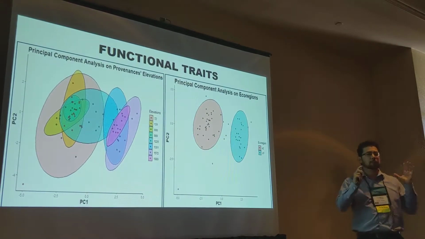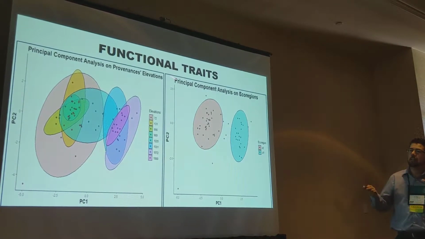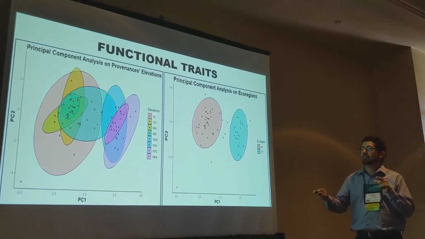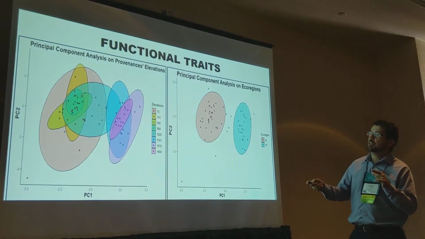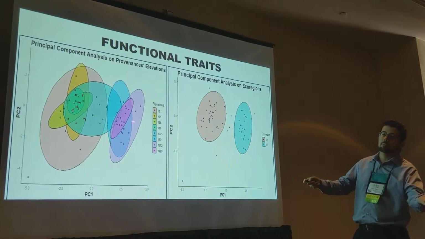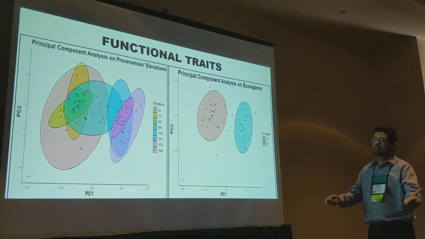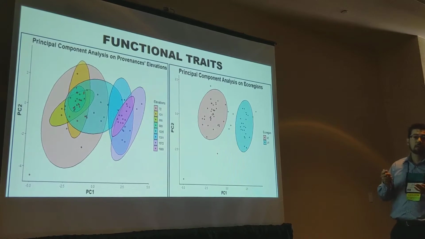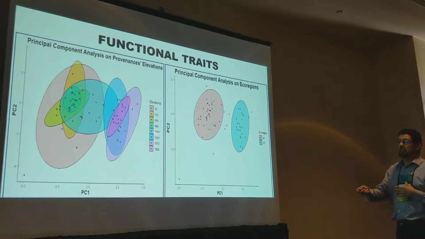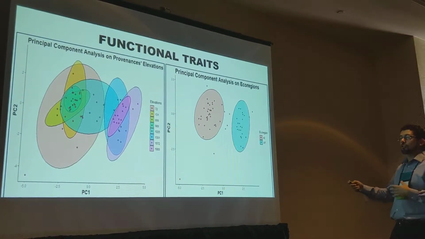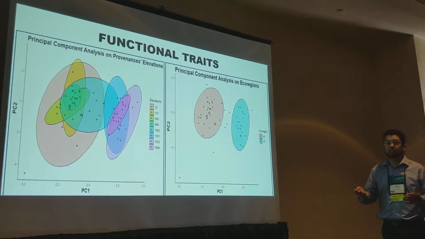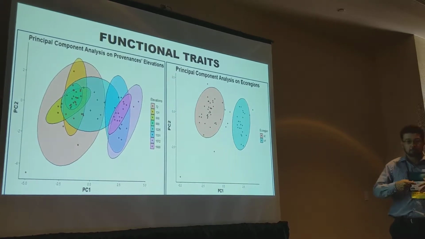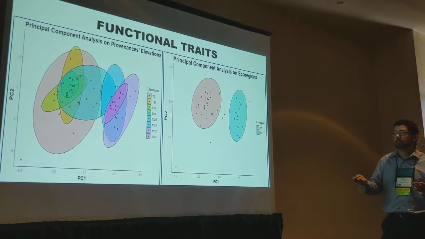I also put every trait by population, and you see here is the elevation, and you see how nicely they group to the left of PC1. That is the trait that explains cooling down the leaves. At the same time, the high elevation populations group to the right. That is the trait that explains conservative, freeze-damage-conservative traits.